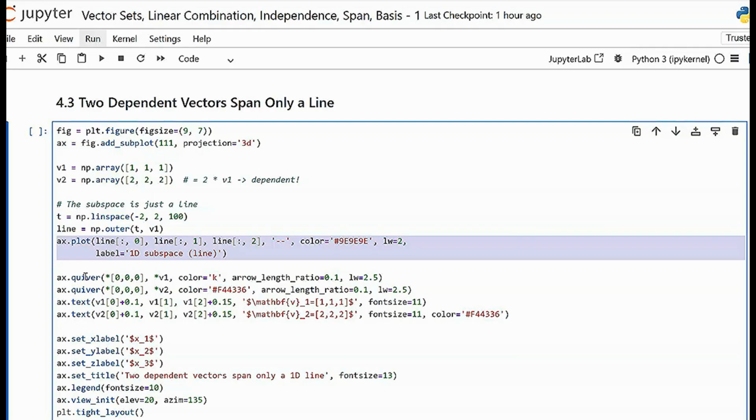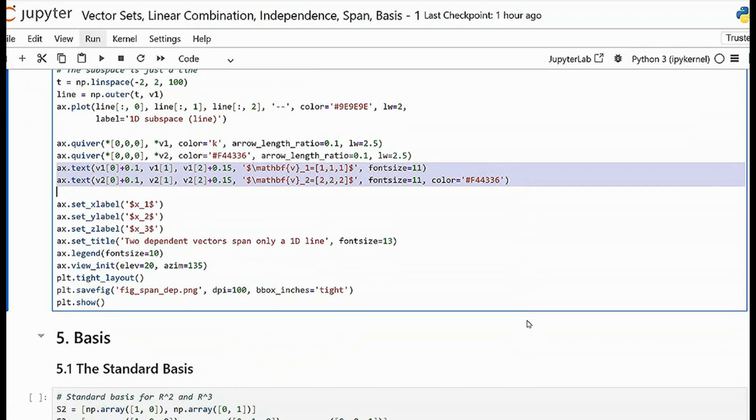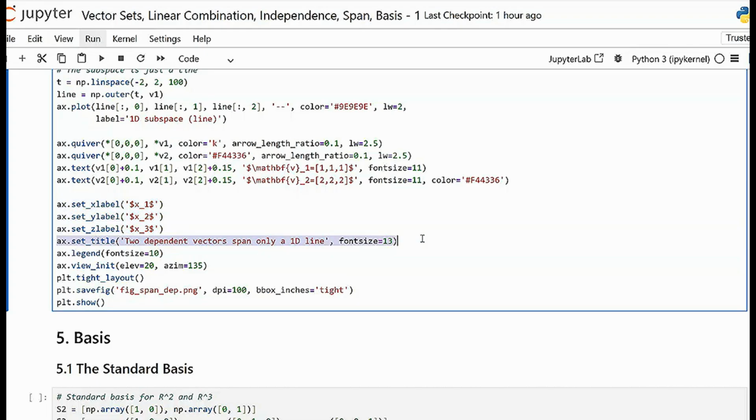Now we are going to plot vector 1 and vector 2, with labels for vector 1 and vector 2. Next, of course, you have already seen the 3D axis, labeling the axes as X, Y, and Z. And here, let me highlight the key condition: two dependent vectors span only a 1D line.